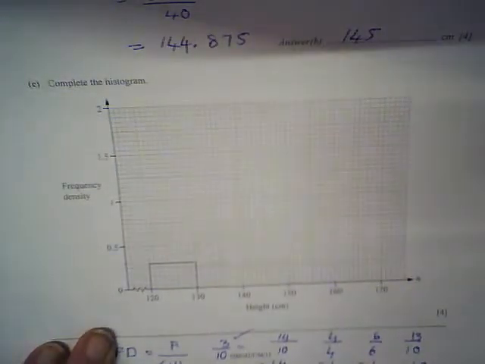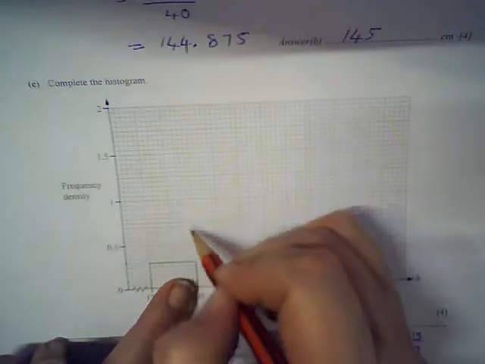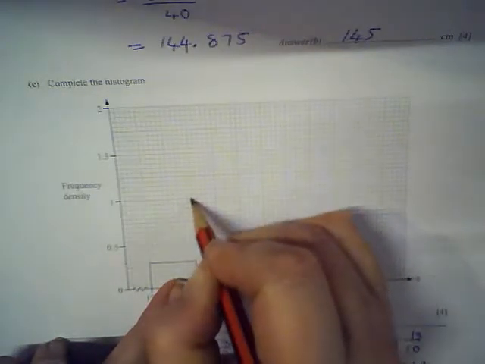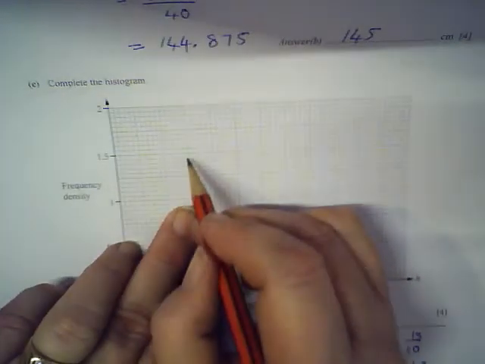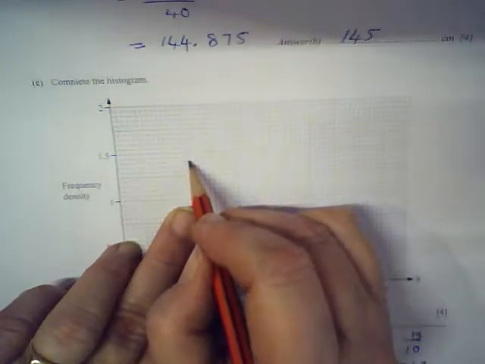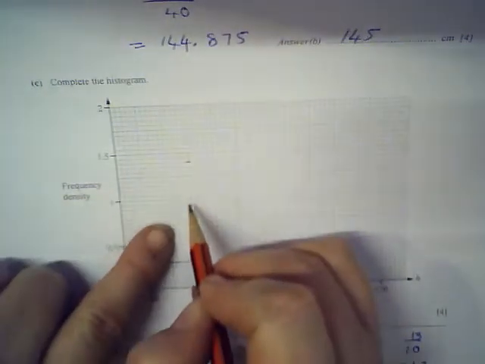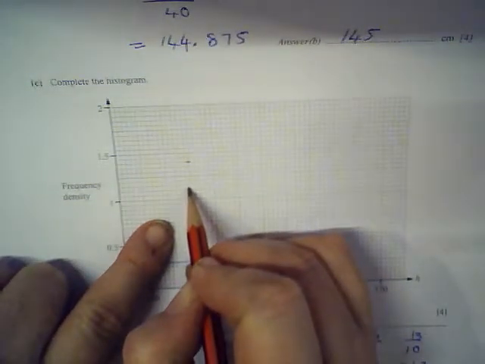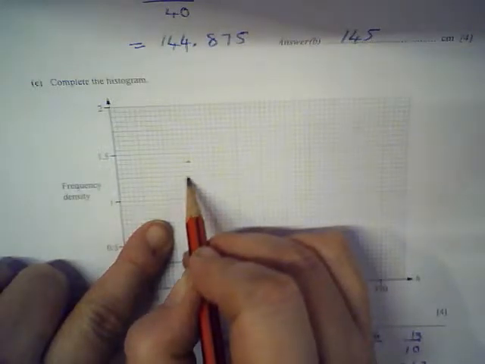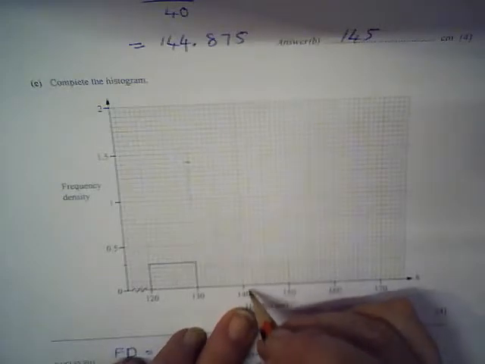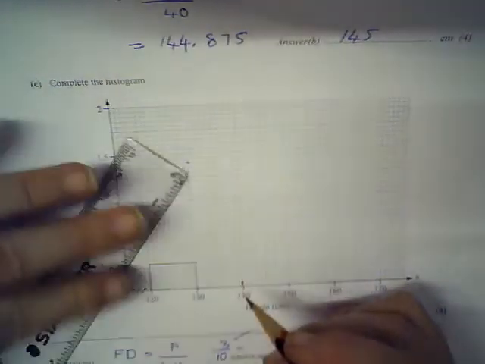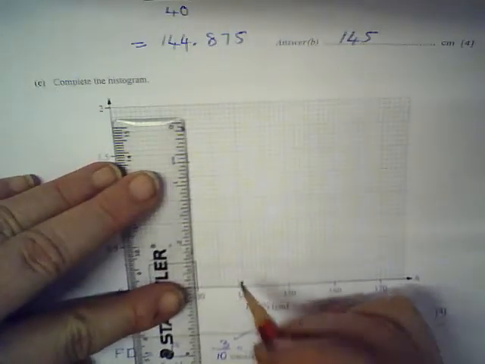So the next one would be 1.4, 1, 2, 3, 4, yes, and it's up to 140, so it's this little column there. I'll quickly use my straight edge.